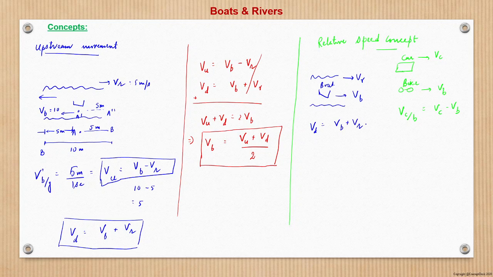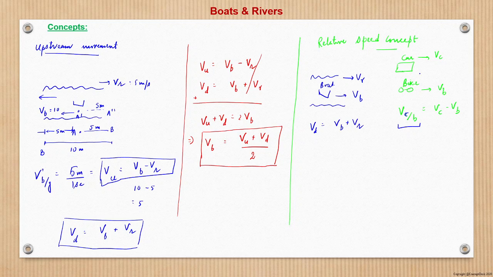This we need to understand. This is the velocity of car with respect to bike, right? And we know that when two things move in the same direction, the relative speed is the difference of the speeds. But here when the boat and river are flowing in the same direction, to get the effective speed, we are adding. Why is it so? Try to understand here.